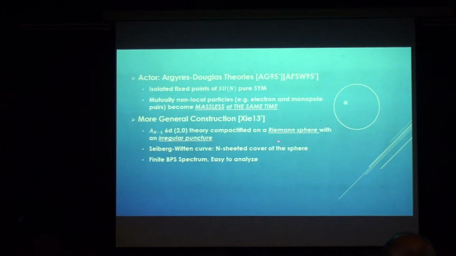We consider a sphere with only an irregular puncture here. And the Seiberg-Witten curve in this case is always an unsheeted cover of the sphere. One nice thing of this series is that the BPS spectrum is always finite, so it's easy to analyze, but it has no Lagrangian description.